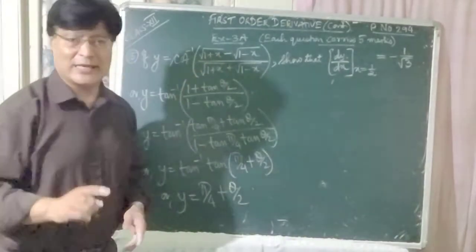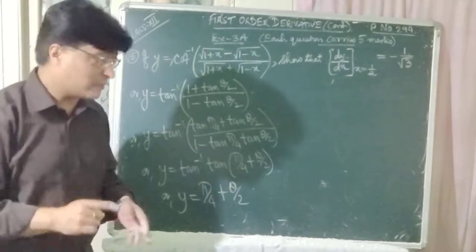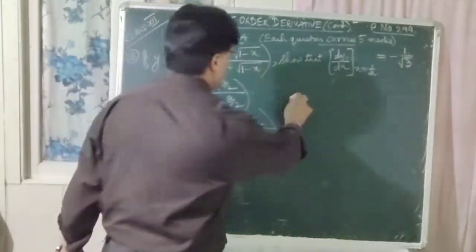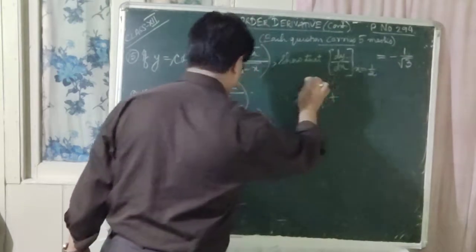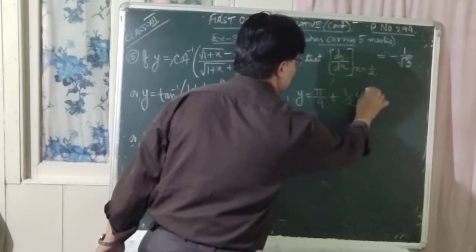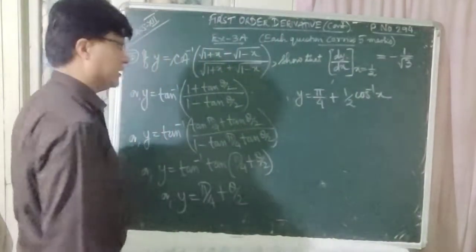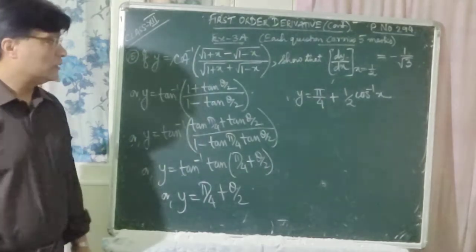This x was assumed as cos theta. So what is the value for theta here? Cos inverse x, right? So y is equal to pi by 4 plus half theta, and theta is cos inverse x. Is that clear to all of you?